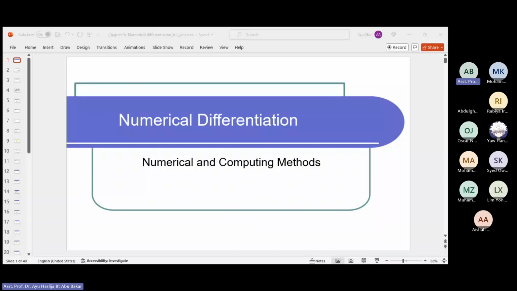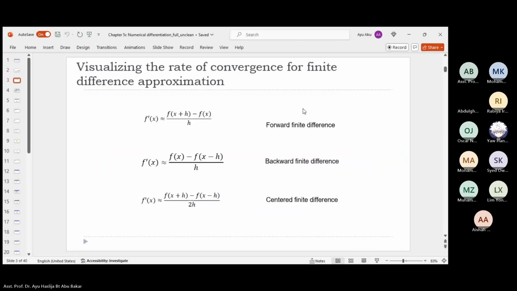Thank you, Ali. Okay, now we proceed to numerical differentiation. You might have come across this in foundation, Math 1 or calculus, if you took calculus. Now we call this finite difference.